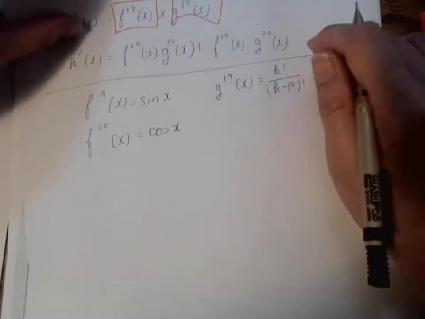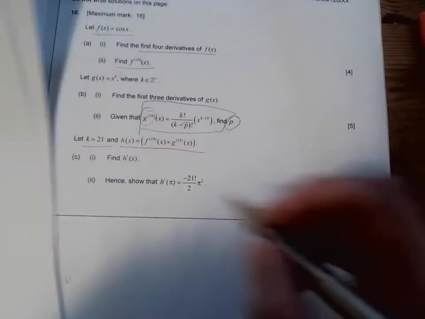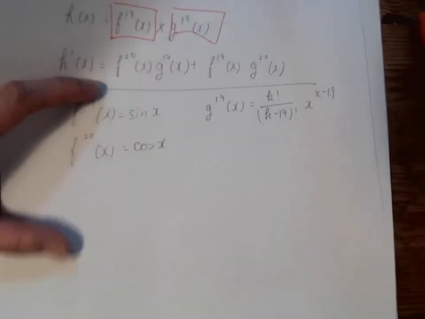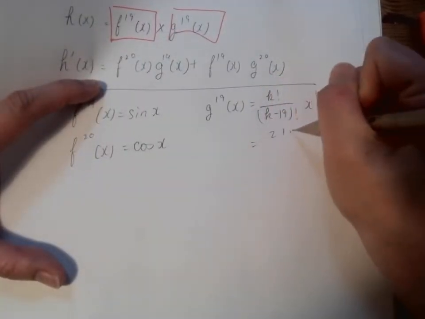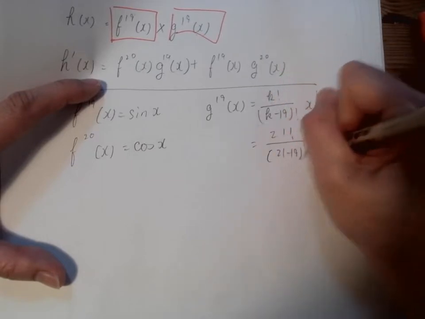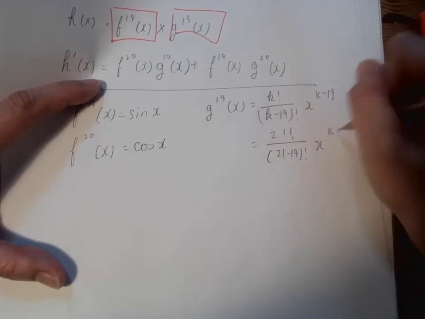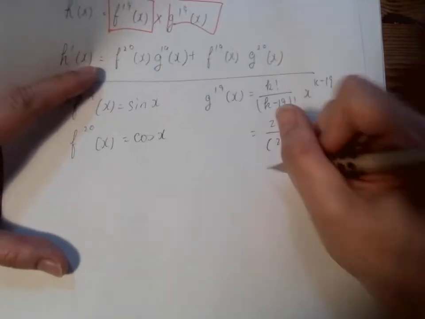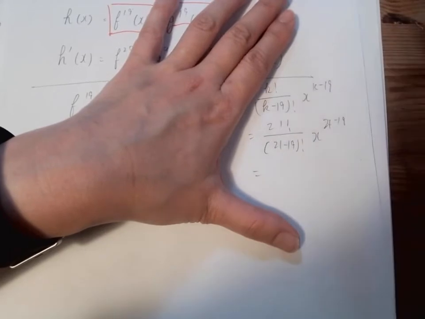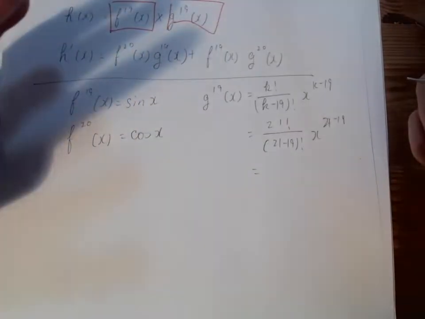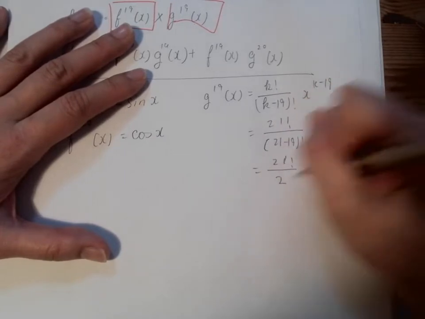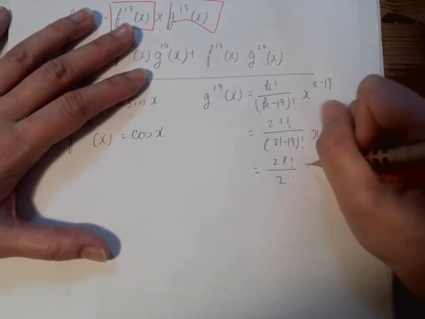And k equals 21 here. So we have 21 factorial over 21 minus 19 factorial, which is 2 factorial, which is 2, times x to the power 2.